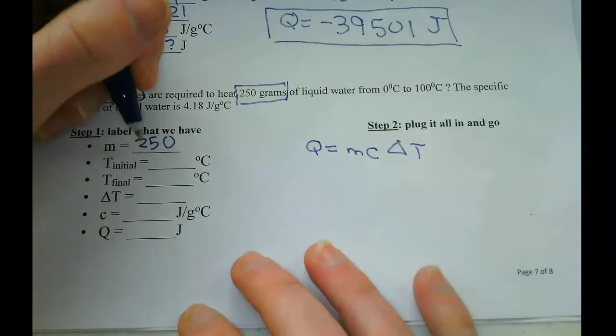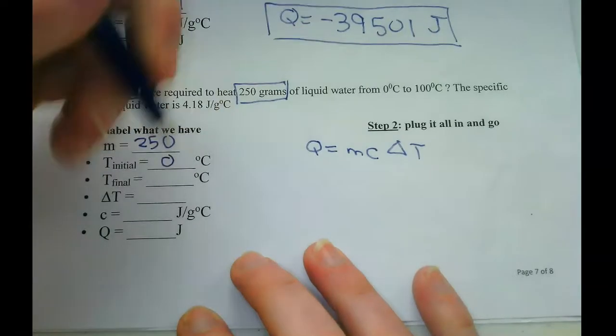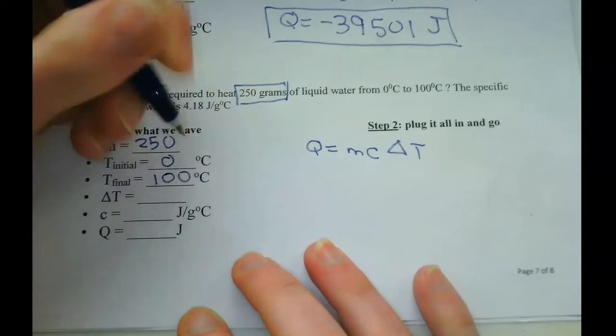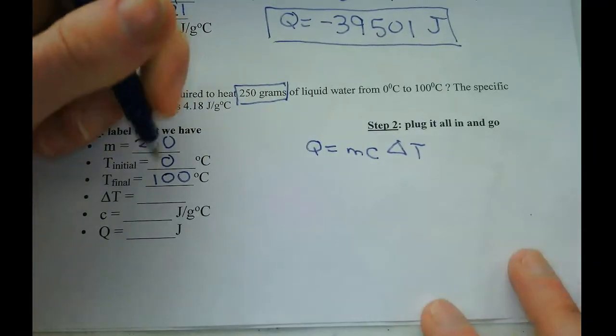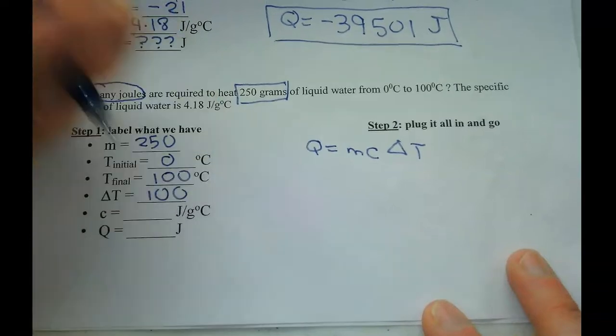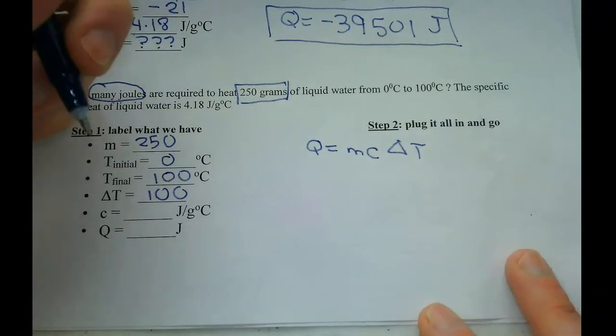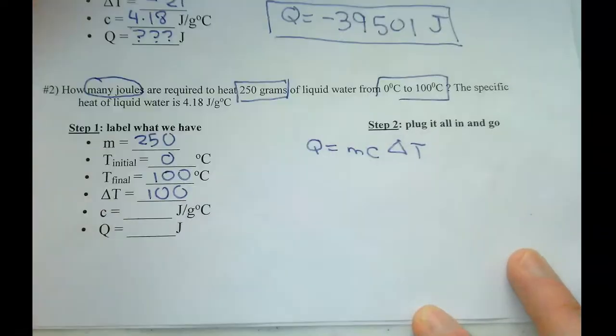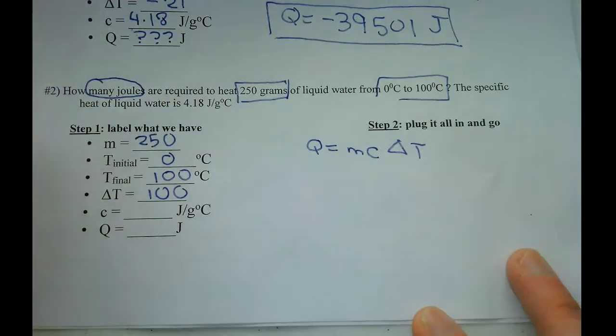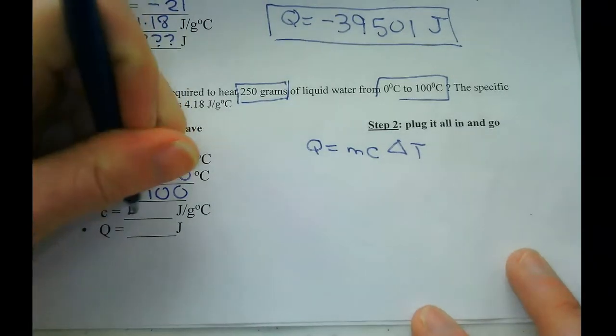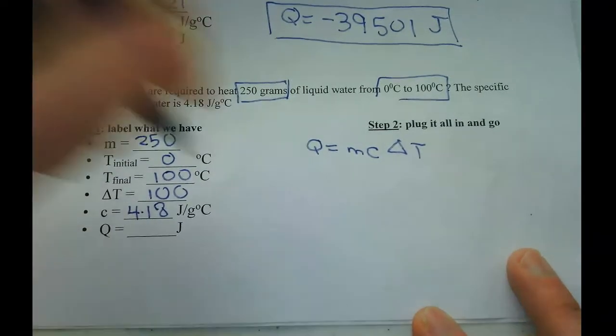Our initial is 0. Our final is 100. So it's final minus initial, so that is 100, our delta T. Our specific heat of water is 4.18. And now we can plug it all in and go.